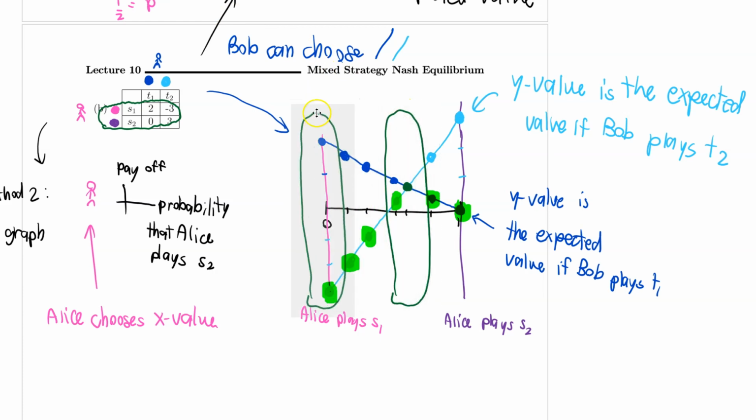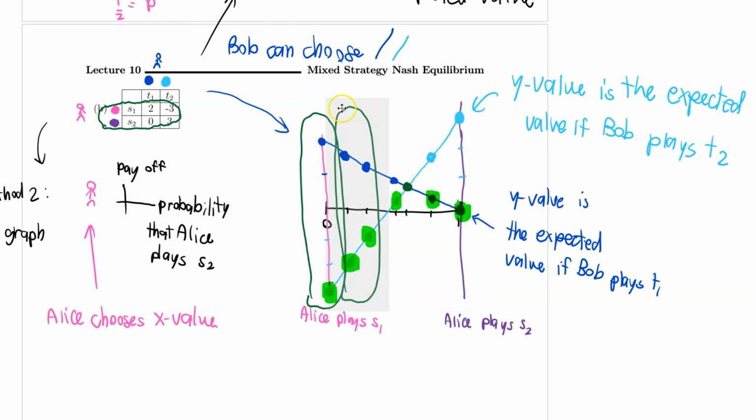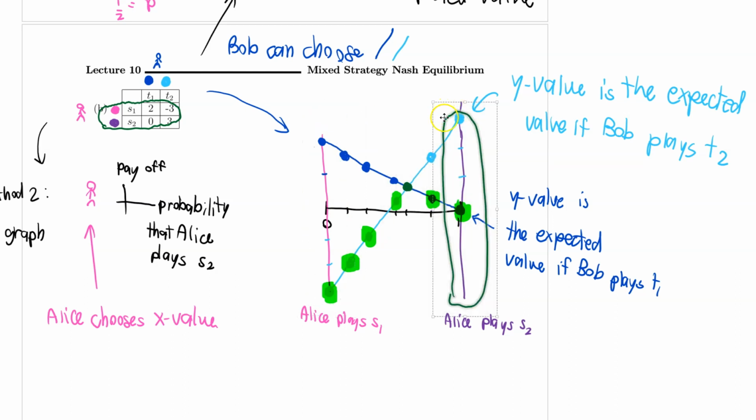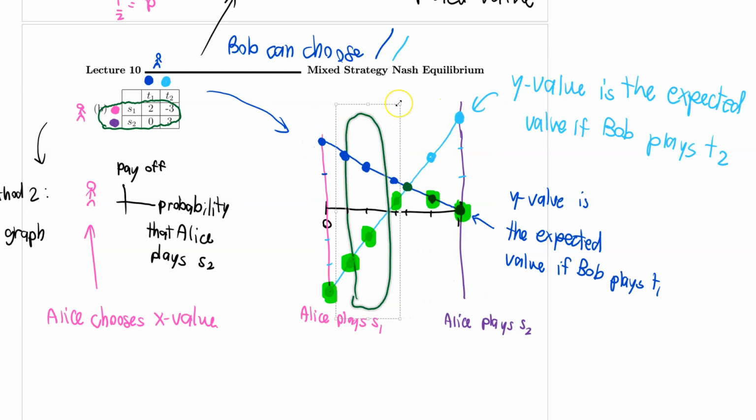No matter how Alice chooses the X value, if it were to be the pink line or purple line or anywhere in between, Bob will just end up picking the smaller number. So the outcome of the game is going to be somewhere along this little kinky line here. Yeah, it's going to be somewhere along the blue highlighter.